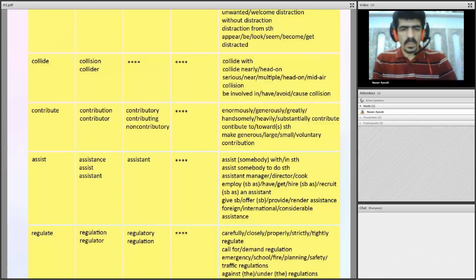Collocations: enormously contribute, generously contribute, greatly contribute, handsomely contribute, heavily contribute, and substantially contribute. Contribute to something or contribute toward something. Make generous contribution, make large contribution, make a small contribution, make voluntary contribution.